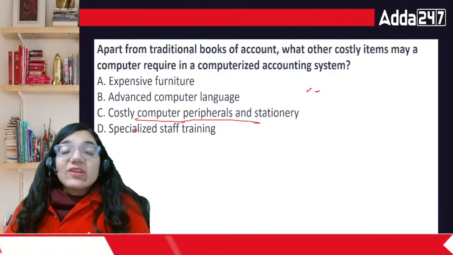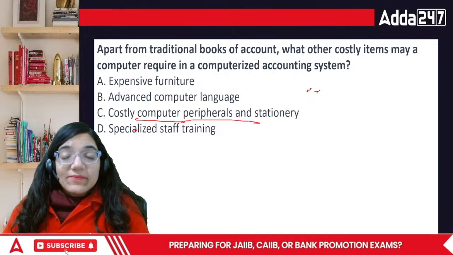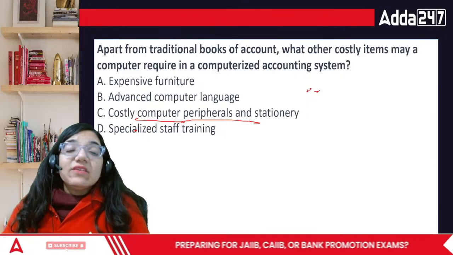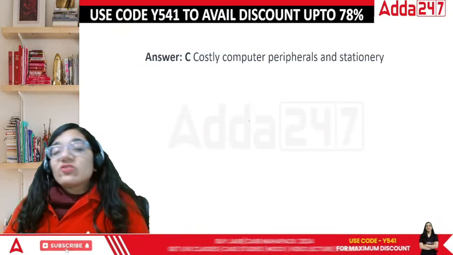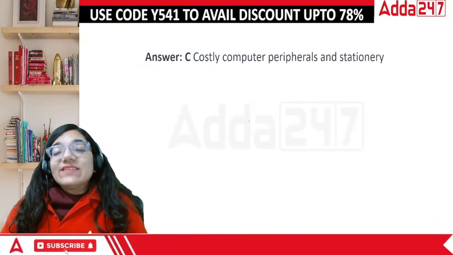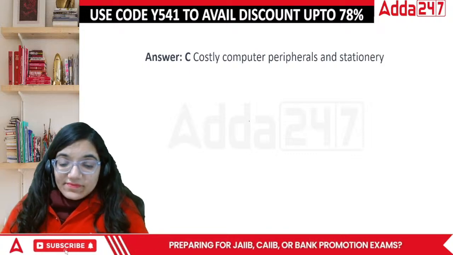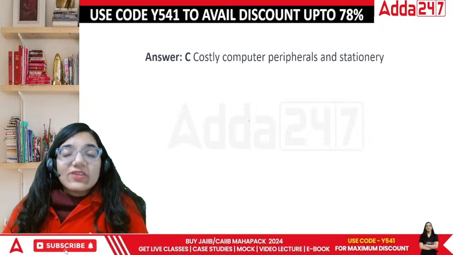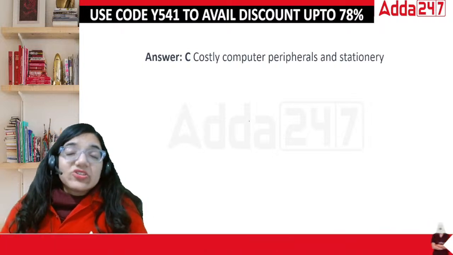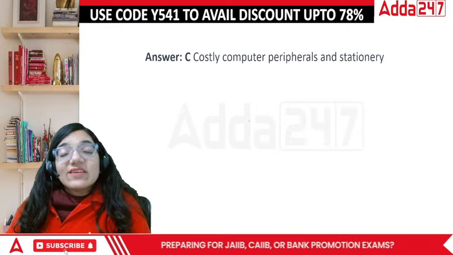So that is what they had been talking about in terms of the accounting and everything else. This is what we have talked about in the CBS itself. That is costly computer peripherals and stationery. Since we have talked about all these things, it is not true that in organizations where strict computer systems are working, things are very bad.